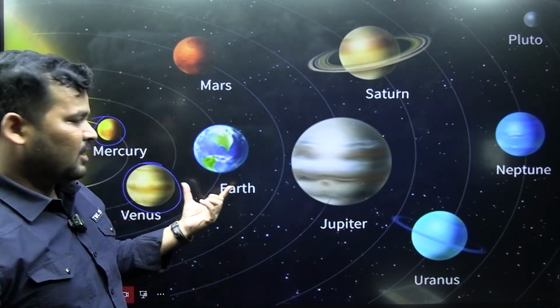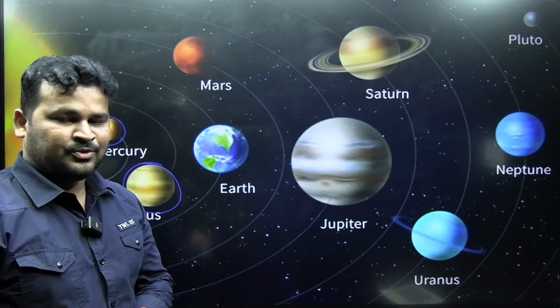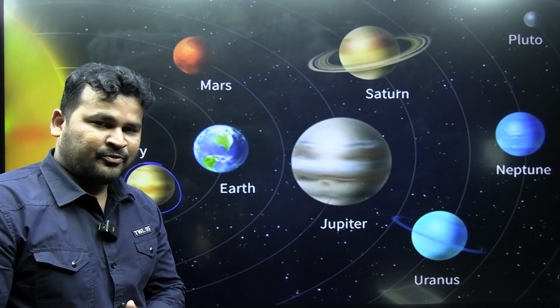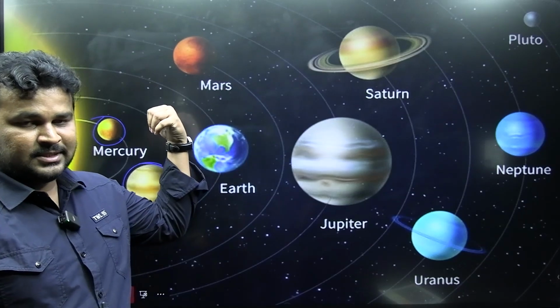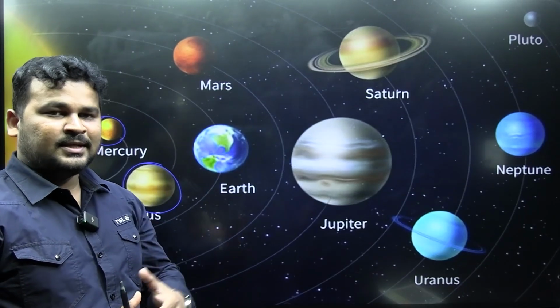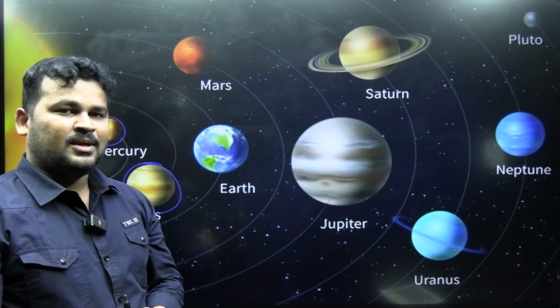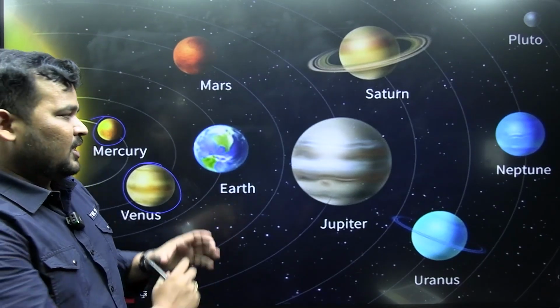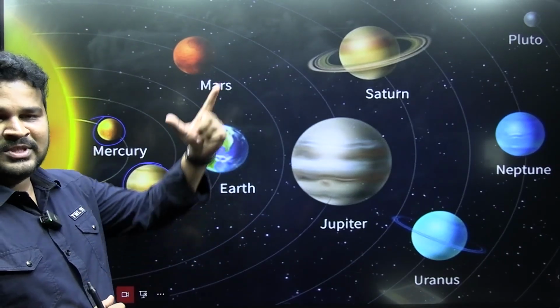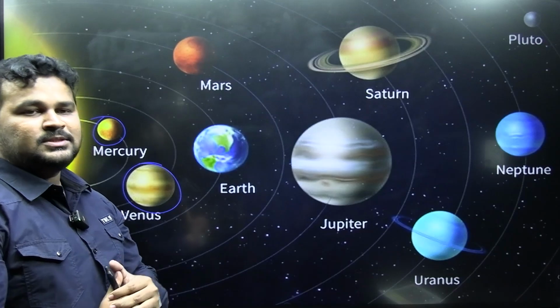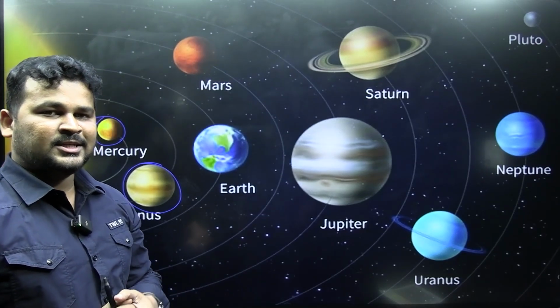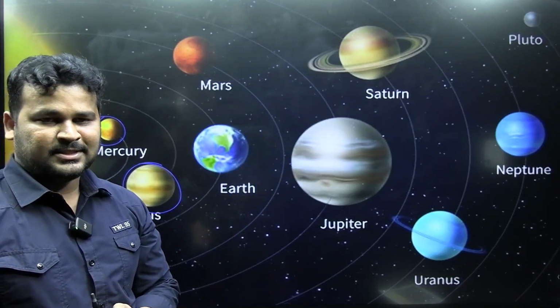Then Earth. We know that Earth is known as the blue planet of the solar system. Why was Earth regarded as the blue planet? Because if we observe the Earth from the sky, it resembles blue in color. That's why we call it the blue planet.